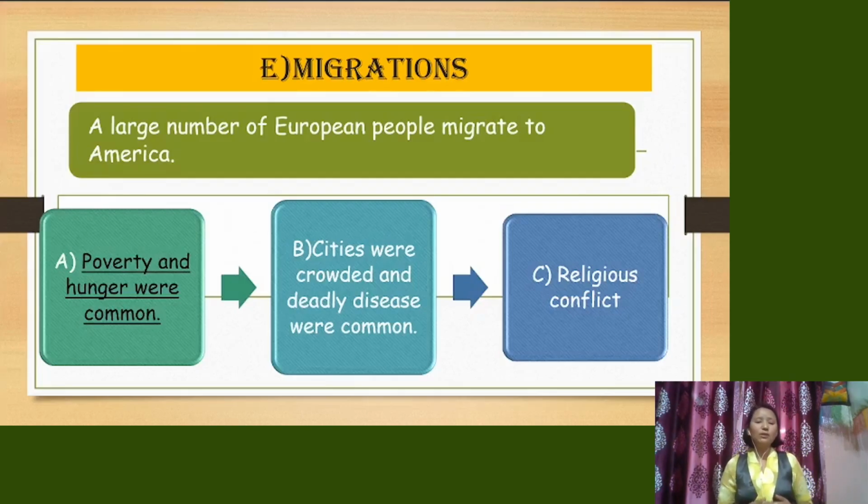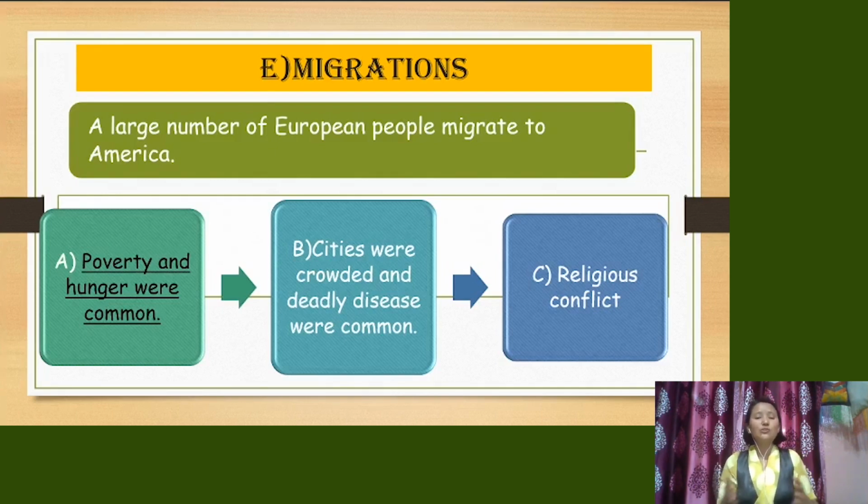The last subtopic that we are going to discuss under the pre-modern world is migrations. Migrations means the moving of people from one region to another. During the pre-modern or ancient period, a large number of European people started migrating to America. That is mainly because of three reasons.